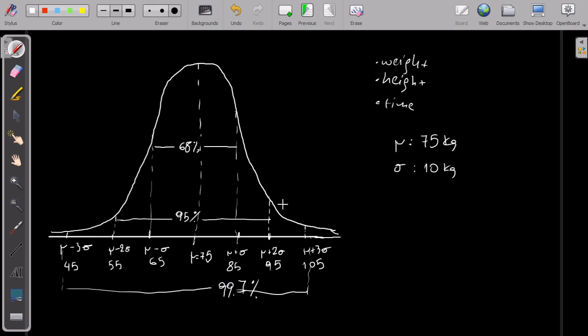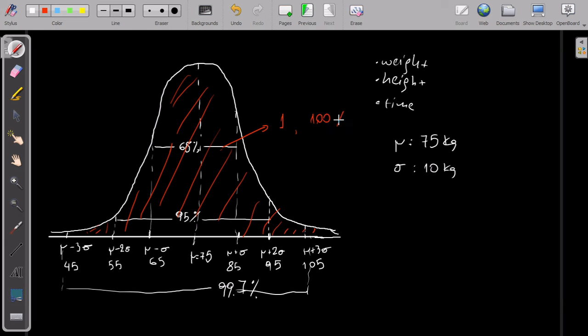Another important property is that the area under the curve of my normal distribution is 1, which means 100%.